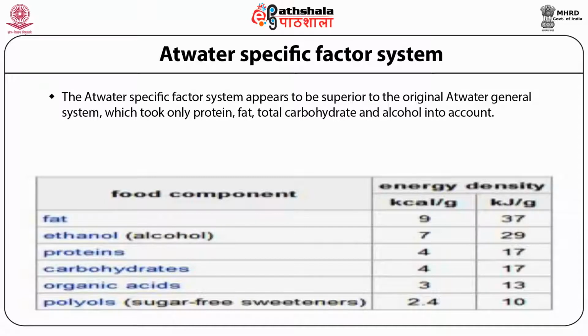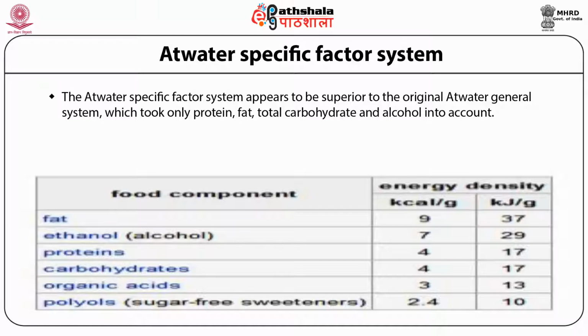Proteins differ in amino acid composition, heats of combustion, etc. Heat of combustion of protein in rice is more as compared to potatoes. Different energy factors should be used for them. Even the milling process affects the digestibility of different flours. This system is definitely superior to the original Atwater system.